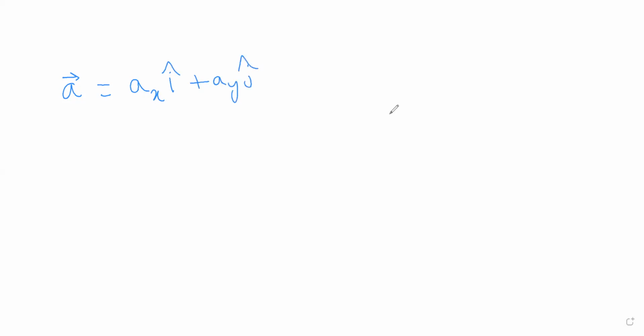So x means the x component. If we think about two dimensions, x and y, the unit vector for the x direction will be i hat, and the unit vector in the y direction will be j hat.